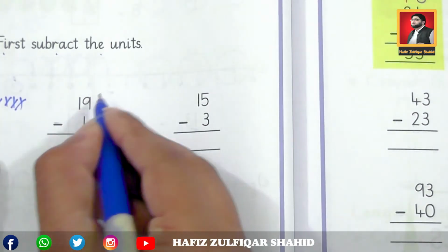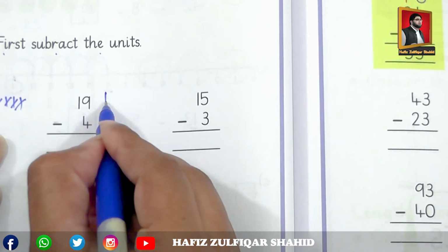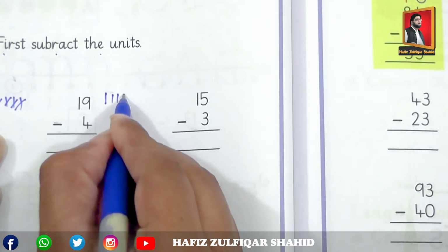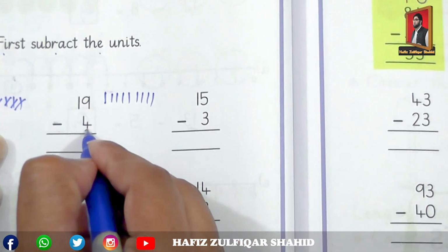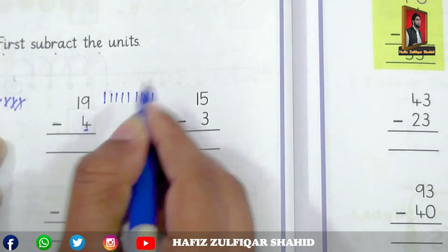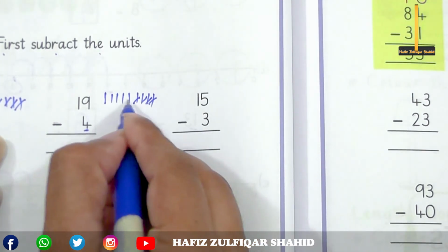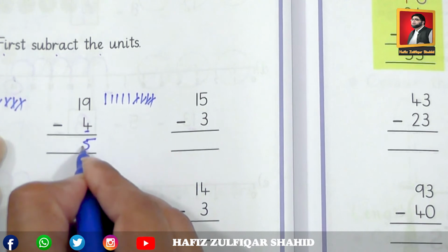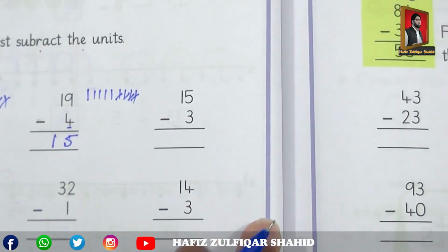Next, draw 9 lines. First number is 9. Draw 9 lines. Now cross 4 lines because we have to subtract 4 from 9. Remaining are 5. Count them and write. 1 will be written as it is.